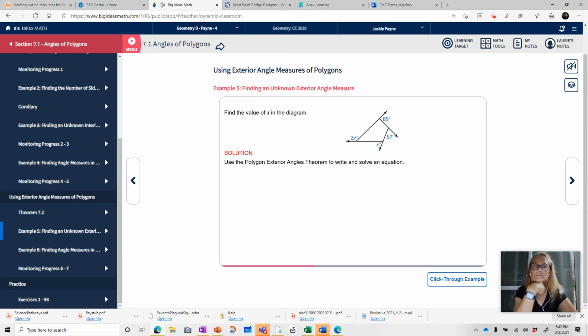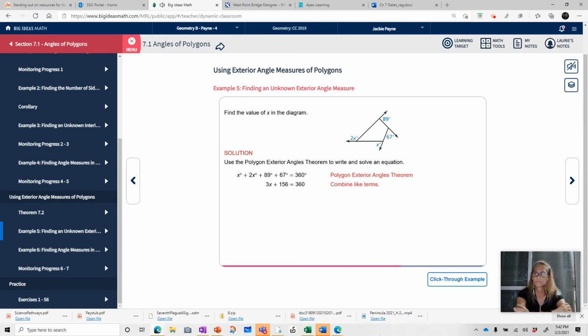So you can write the equation x degrees plus 2x degrees plus 89 degrees plus 67 degrees equals 360 degrees. Next, combine like terms on the left side of the equation. This gives you 3x plus 156 equals 360.